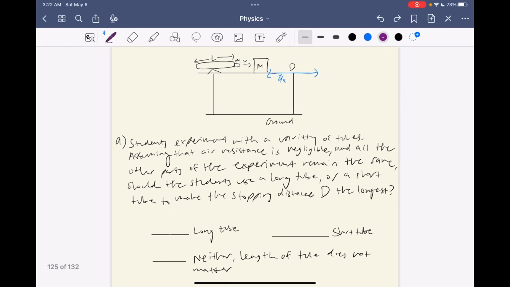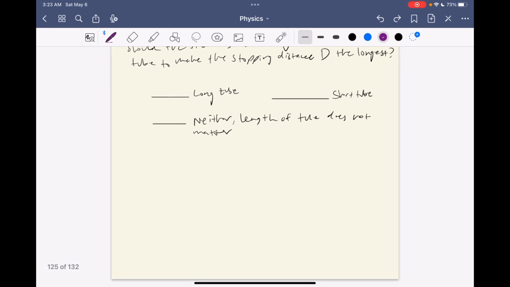So for part A, it asks, should the students use a long tube or a short tube to make the stopping distance d the longest? Right off the bat, it says a constant force, which means there would be a constant acceleration.